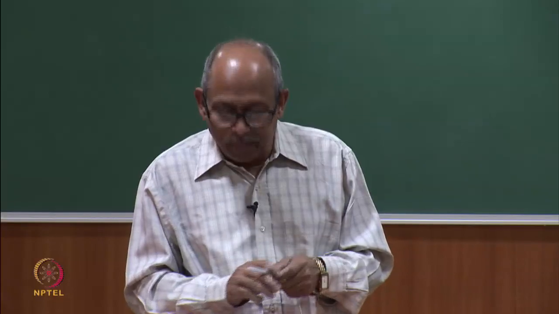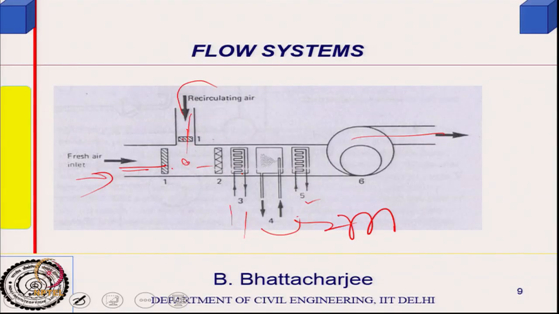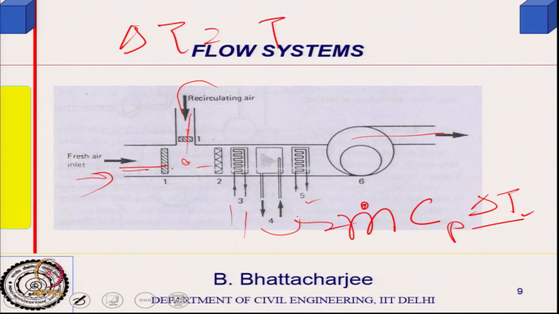So my heat removal, latent and sensible, is mass flow rate m dot into specific heat into delta T, where delta T is nothing but room temperature minus the supply air temperature.